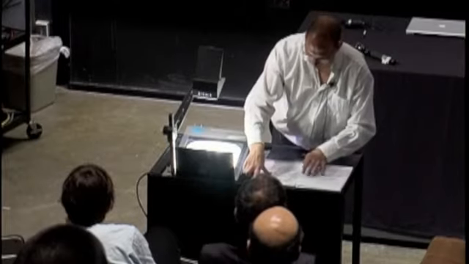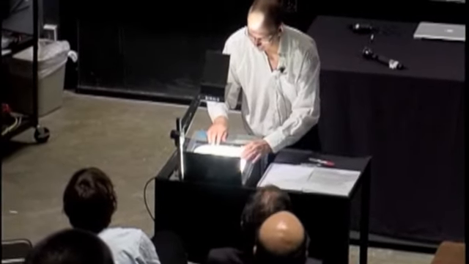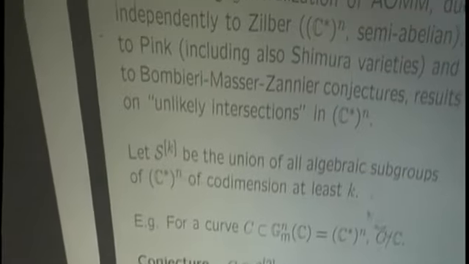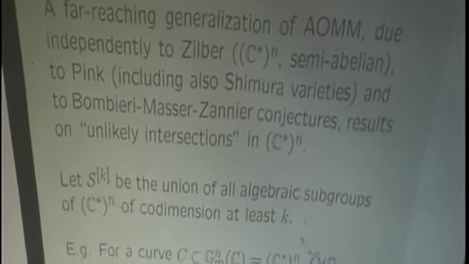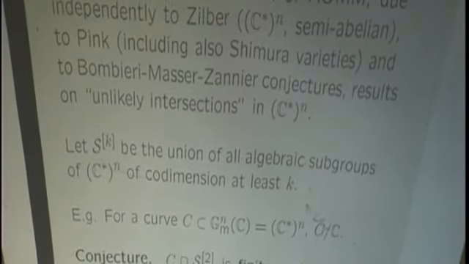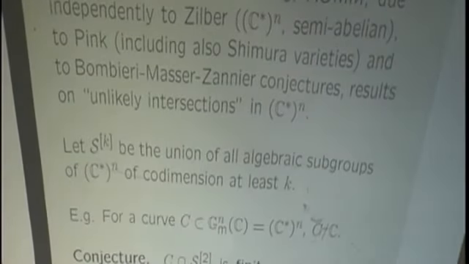So, okay, in the last little bit, I want to talk about the Zilber-Pink conjecture. The Zilber-Pink conjecture is a far-reaching generalization of André-Oort and Manin-Mumford, and it was framed independently first by Zilber in the semi-abelian context, most generally by Pink to include André-Oort, and in the meantime by Bombieri, Masser and Zannier, who were working on what they called unlikely intersections in C star to the n.